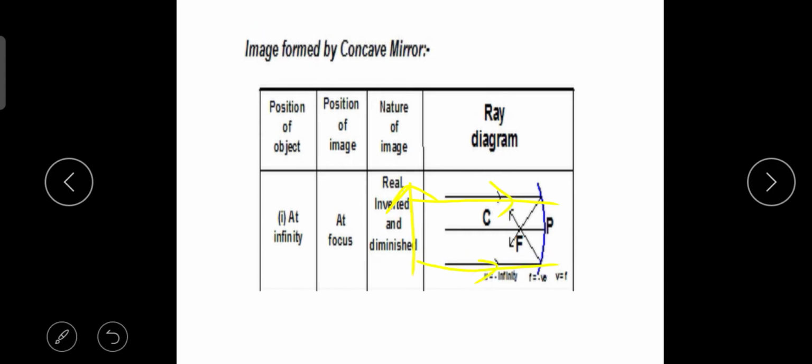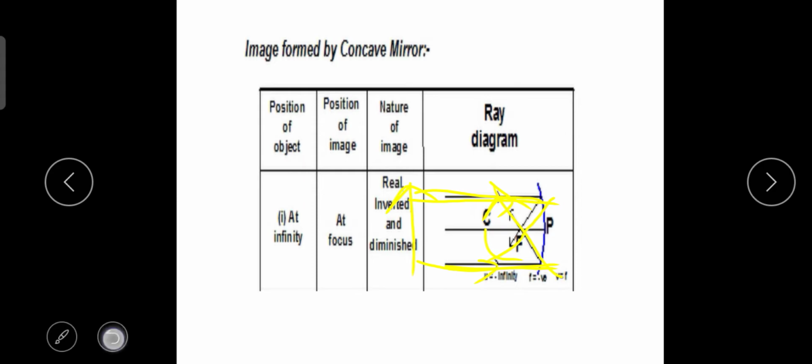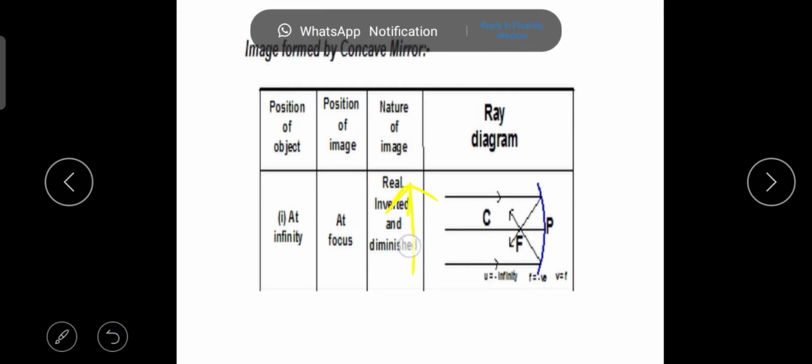Since these two rays are parallel to the principal axis, according to the rule, these two rays are reflected back through the principal focus. So this is drawn here. If the object is placed at infinity, it means it is at a long distance.